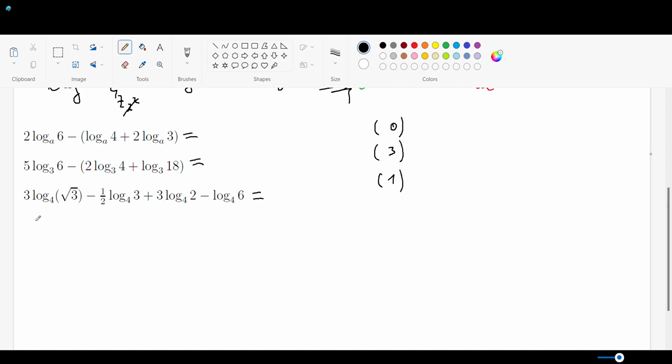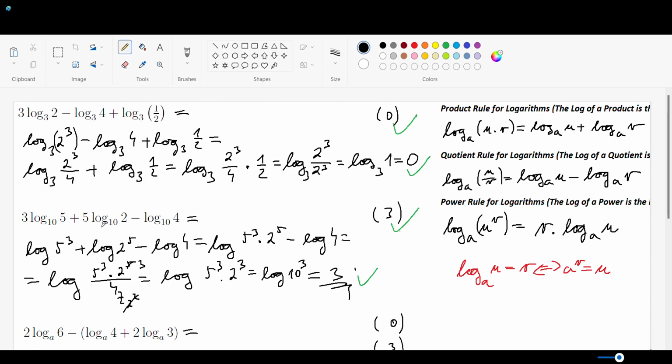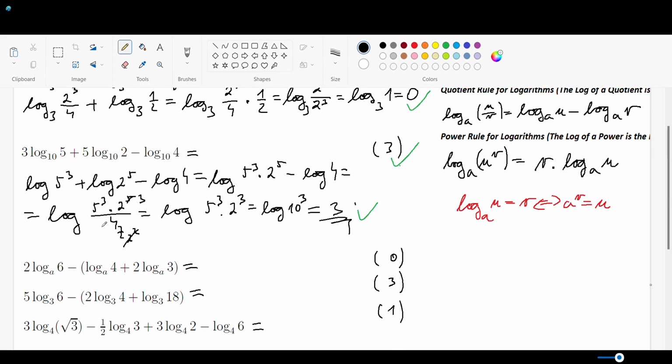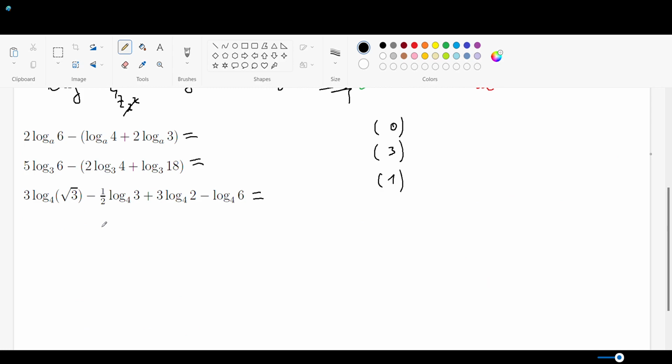So we applied again the rules, power rule or quotient rule or product rule.